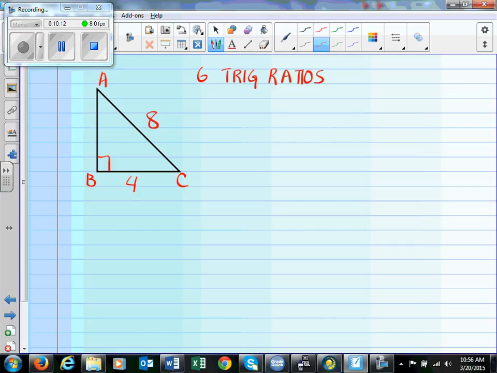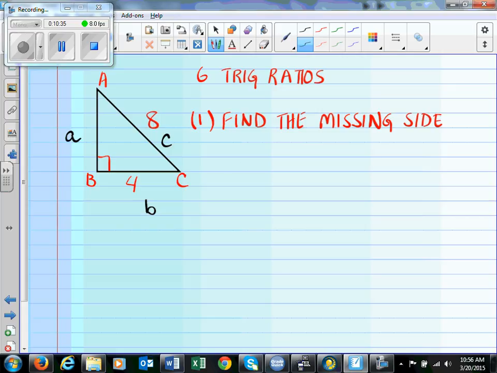In order to find the 6 trig ratios, the first step is to find the missing side. To do that, you apply the Pythagoras theorem, which says A squared plus B squared equals C squared. So you do A squared plus 4 squared equals 8 squared.